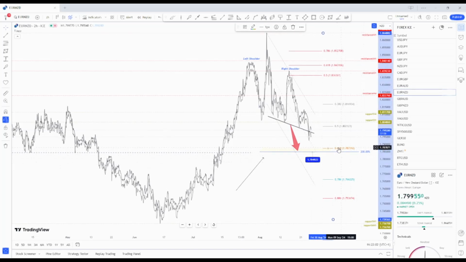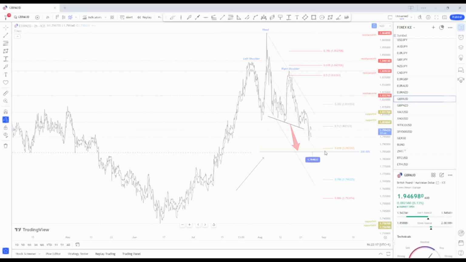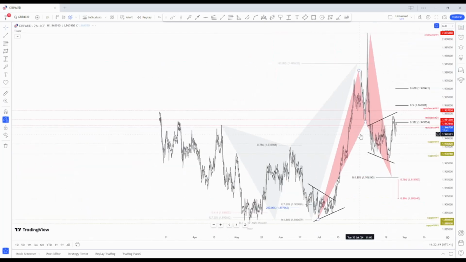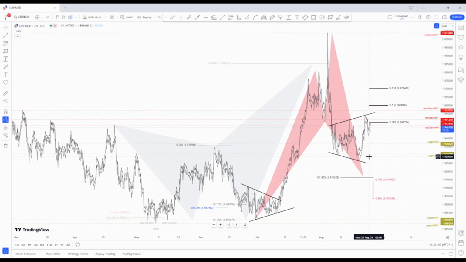There's convergence between the 61.8% Fibonacci level and the 200% Fibonacci level, so also consider that price zone as a potential cluster to find support for the euro versus the New Zealand. The pound versus the Aussie, expanded triangle, reacted once the price approaches the highs of the triangle again. Actually, let me rephrase this because this is not correct.